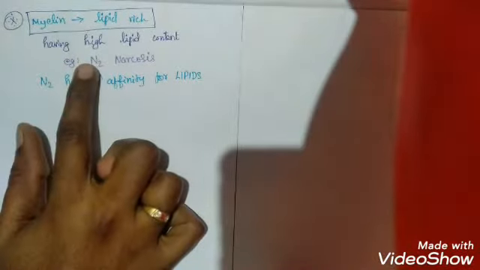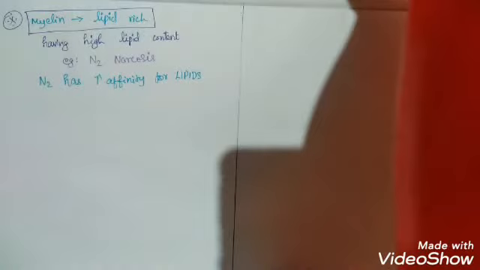Since myelin is lipid rich, there is a disturbance in the CNS membrane because the oligodendrocytes are myelinated. Because of the lipid rich content, nitrogen gets dissolved in the cells and the disturbance causes nitrogen narcosis, which we will see in the respiratory system.